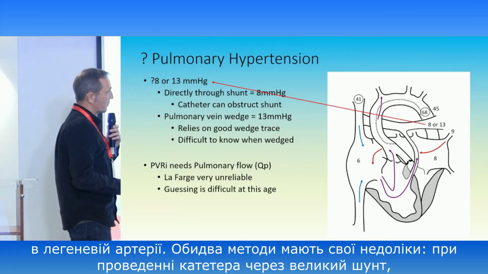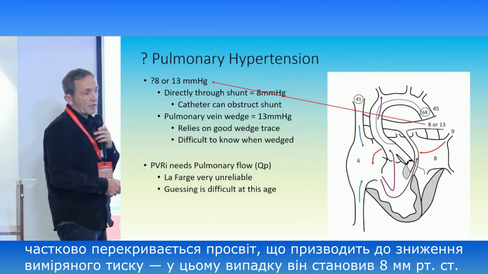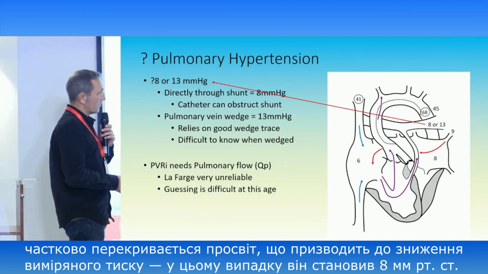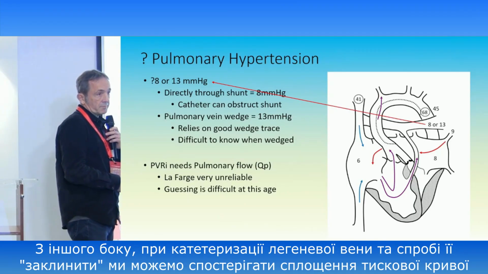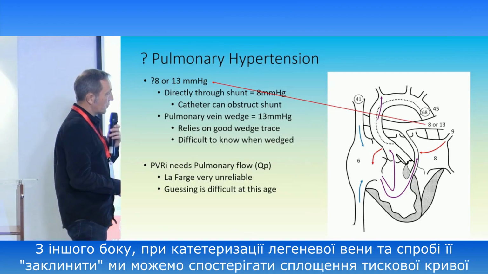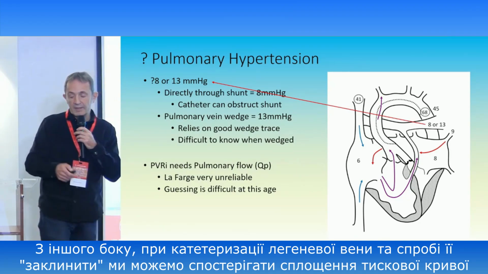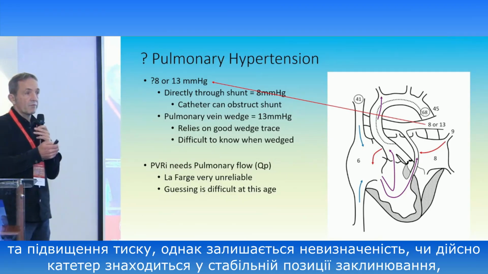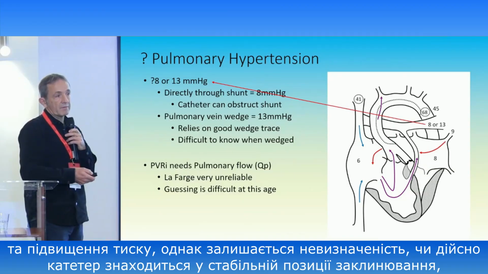But there's problems with both. When you put a catheter up a big shunt, a shunt like that, you partly block the shunt and you drop the pressure. And in this case, the pressure measured going up the shunt was 8 millimeters of mercury. On the other hand, when you put a catheter into the pulmonary vein and you wedge it, you see a flattening of the trace and the pressure goes up, but you don't know if you're just obstructing the pulmonary vein or whether you've really wedged it. It can be very difficult to tell.